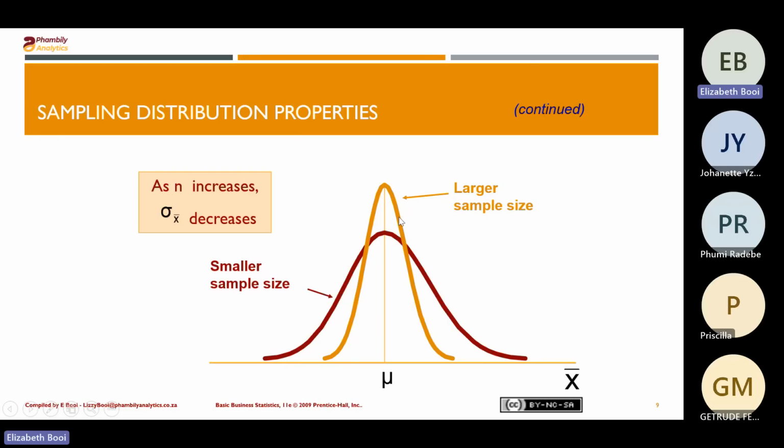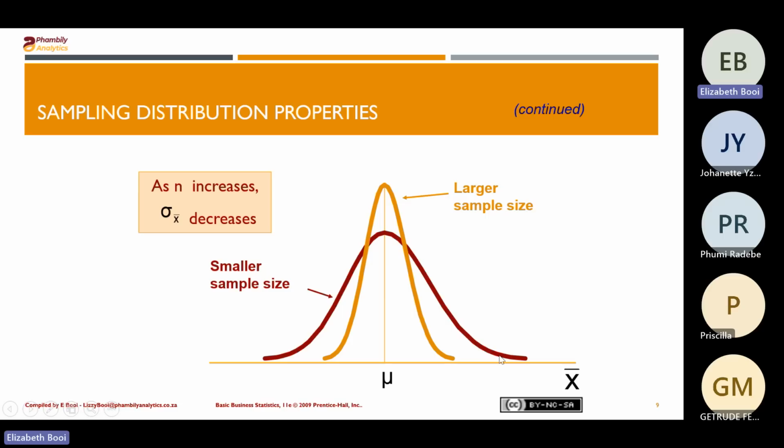The smaller your sample size, the bigger the variation between your mean and your observations.